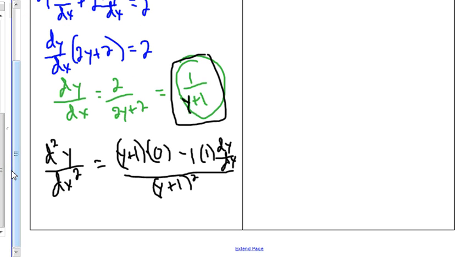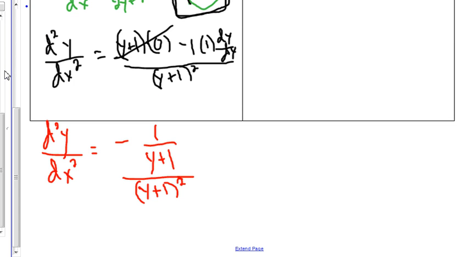Okay, so now let's simplify this. As we said, that's going to go to 0. So we get 1 times dy dx. Hey, what did we say dy dx is? That's right up here. That's 1 over y plus 1. So let me write this down.